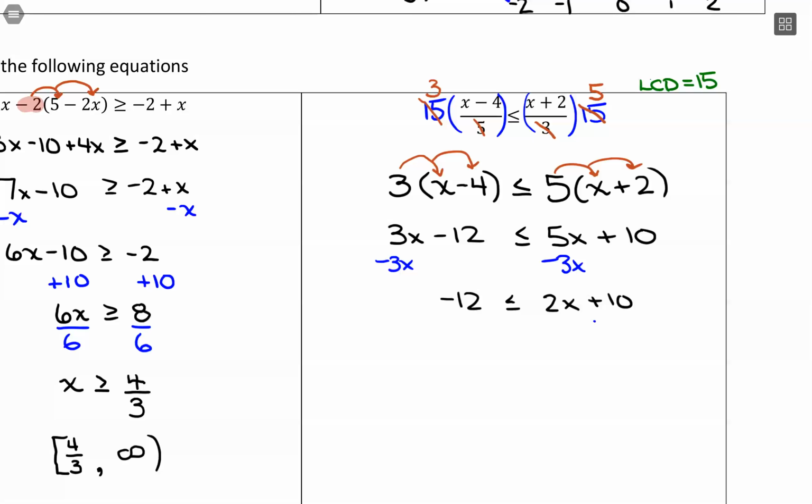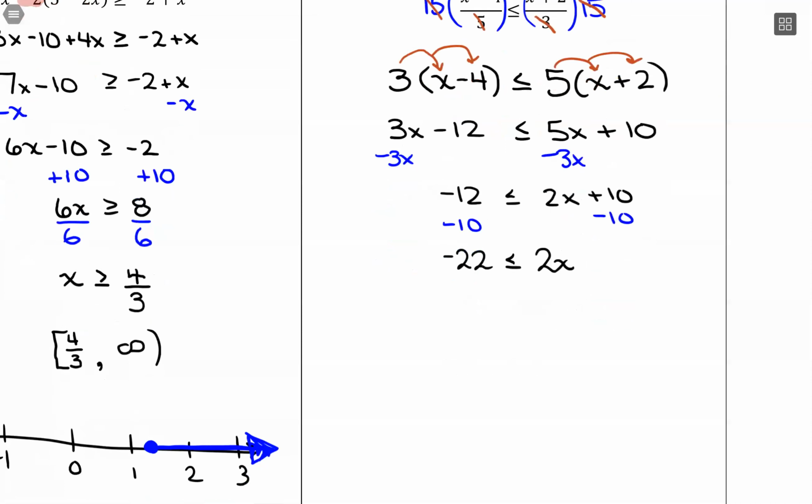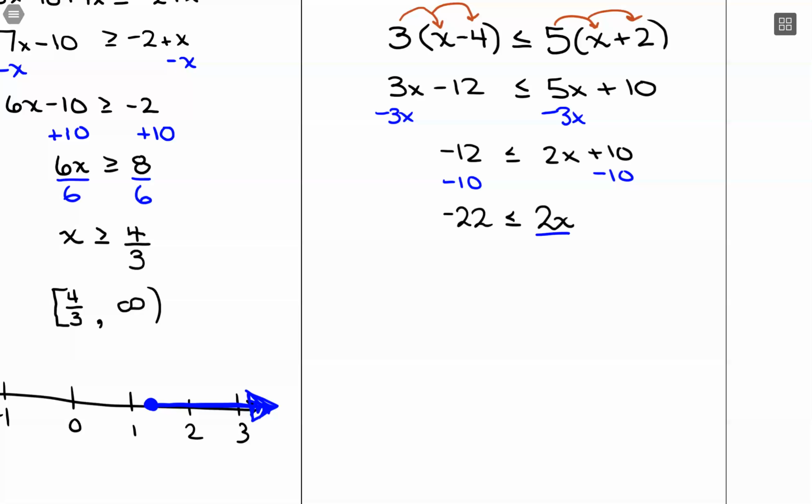So I'm going to subtract 10 from both sides. So that gives me negative 22 is less than or equal to 2x. And then my last step is to divide both sides by 2. Since that's positive, I don't need to do anything special to the inequality symbol. So we're getting x is more than or equal to negative 11.